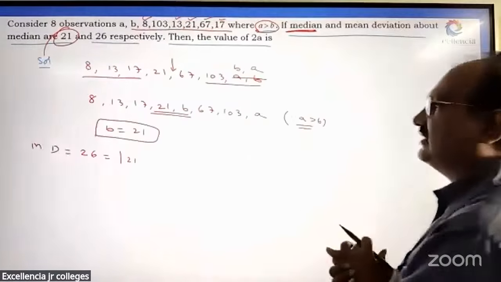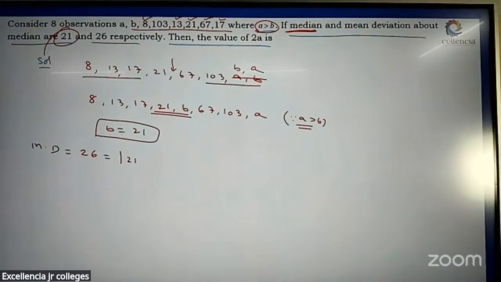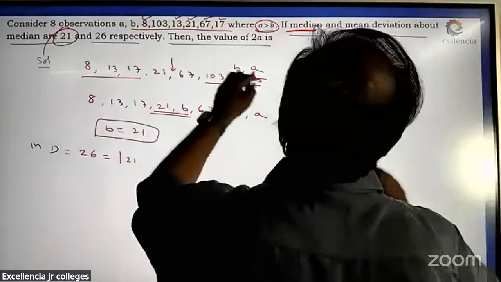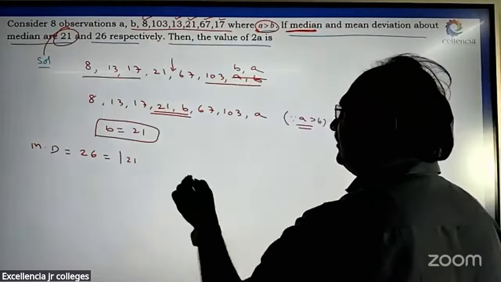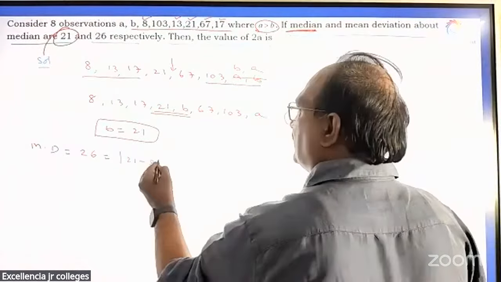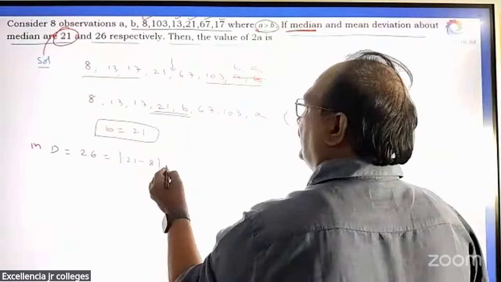So I can write what here? B is given this. So mean is given here. Median is given here, 21. 21 minus 8. Next, 21 minus 8.